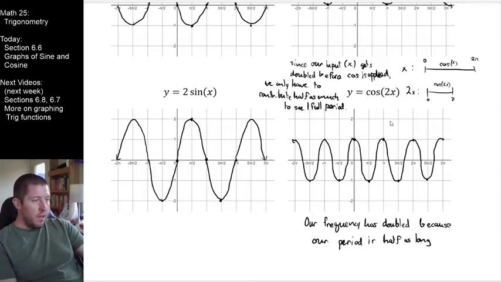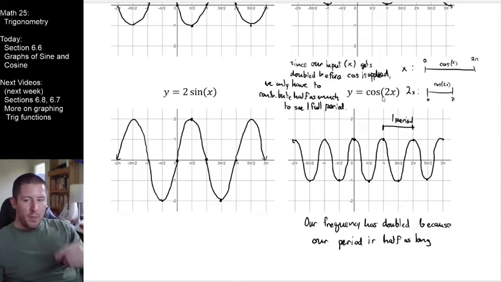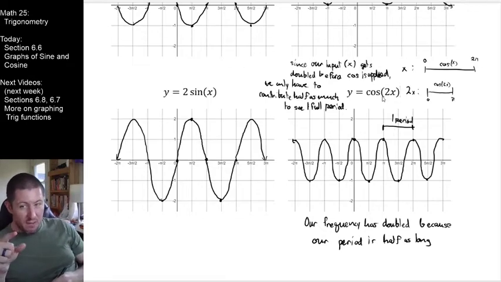Notice here that if we go from peak to peak, we're experiencing 1 full period, but it only took us 1 pi to do it now. So we have changed the period of this trigonometric function by using a constant multiple on the inside. That's going to be really important for us in 1 second. Good call with that frequency comment right there. We haven't defined frequency yet, but I think frequency is a really natural thing to think about.